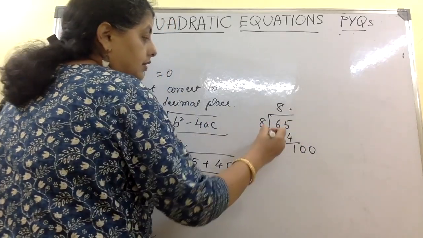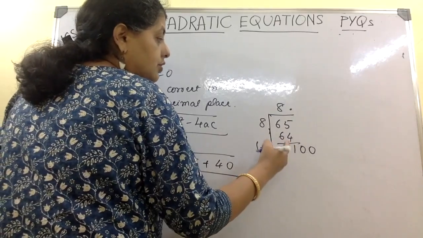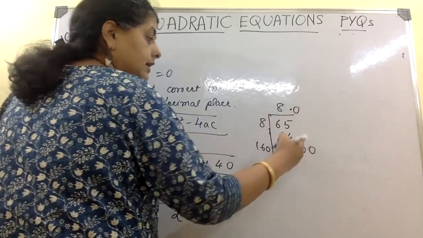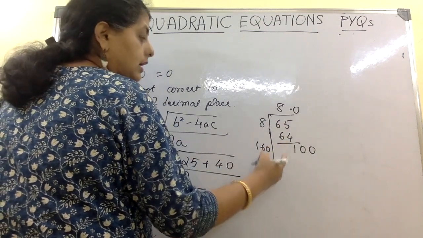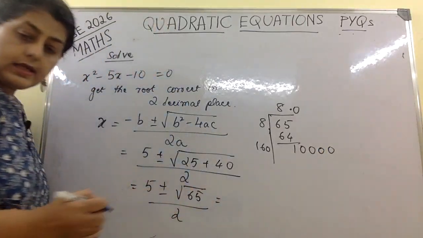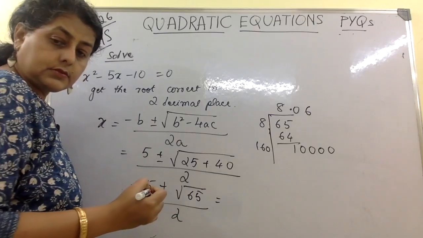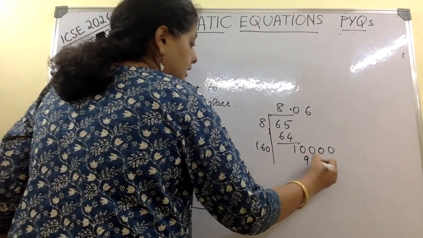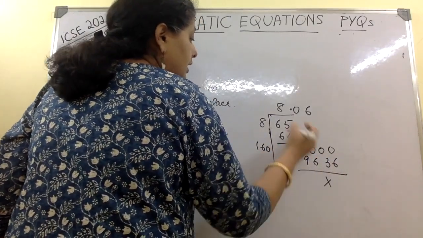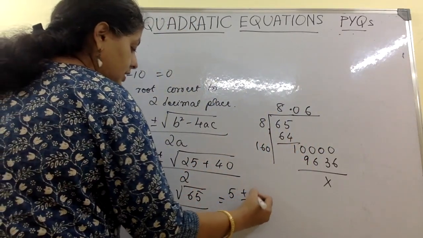Here you put a 16, so this does not work. So you need a 0 here, and then you have to put another 2 zeros, and then you put a 6 here.